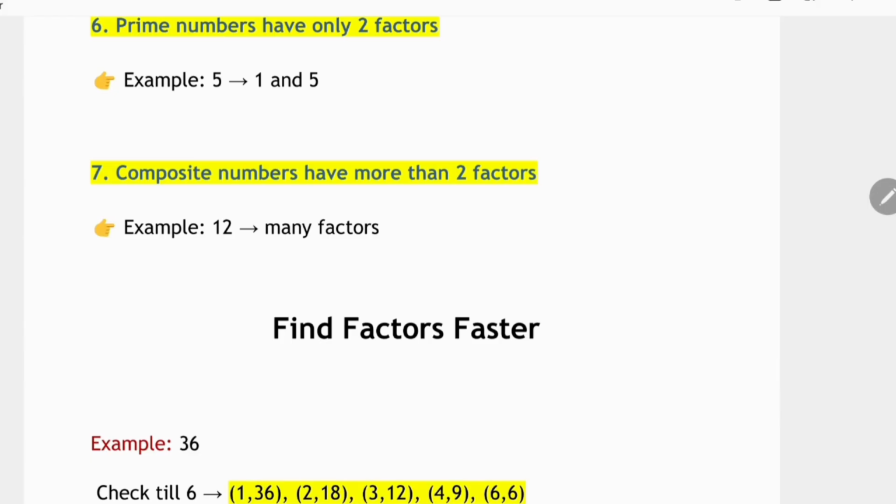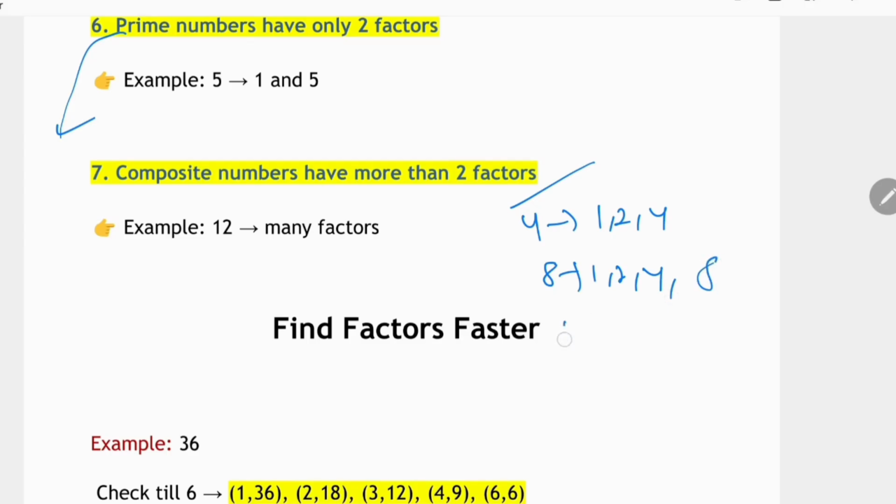And the next one, composite numbers have more than 2 factors. These are opposite to prime numbers. For example, the factors of 4: 1, 2, 4. The factors of 8: 1, 2, 4, 8.